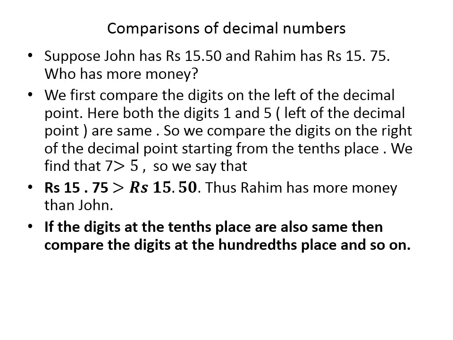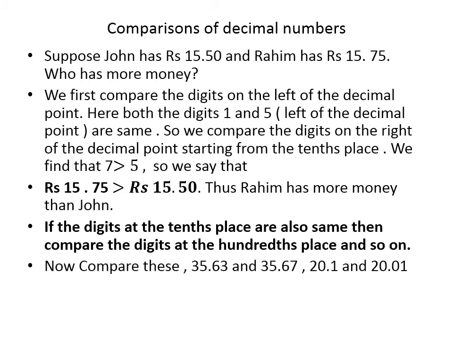If the digits at the tenths place are also the same, then compare the digit at the hundredths place. Again, if the digit at the hundredths place is the same, then compare the digit at the thousandths place, and so on.